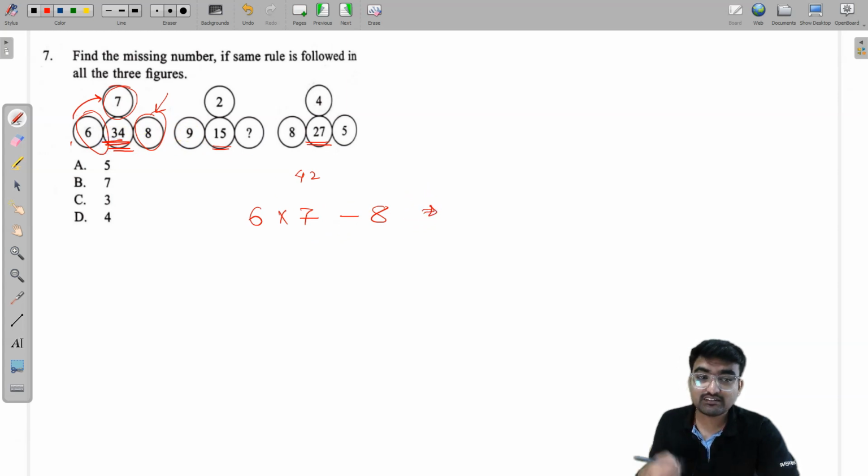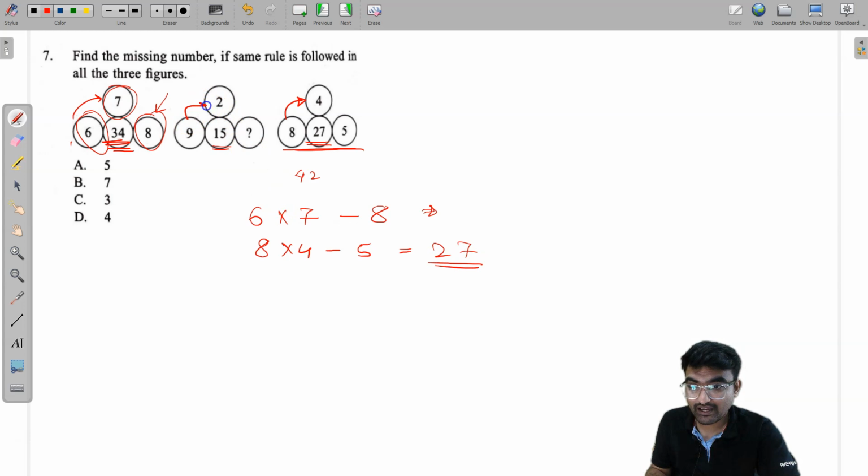Now let's check the same logic in the third diagram. 8 fours are 32, and if I subtract the 5, then I get 27. That means that's the logic. So 9 twos are 18, and what should I subtract so I get 15? That should be 3. So option number C.